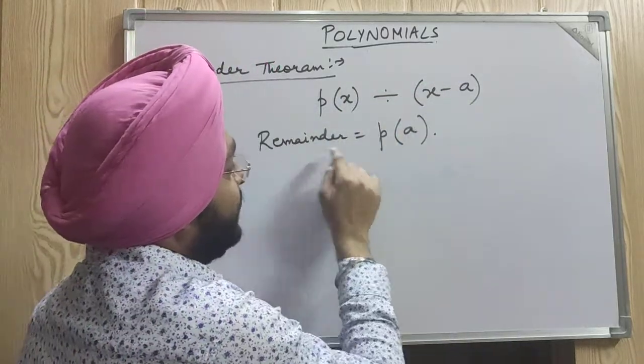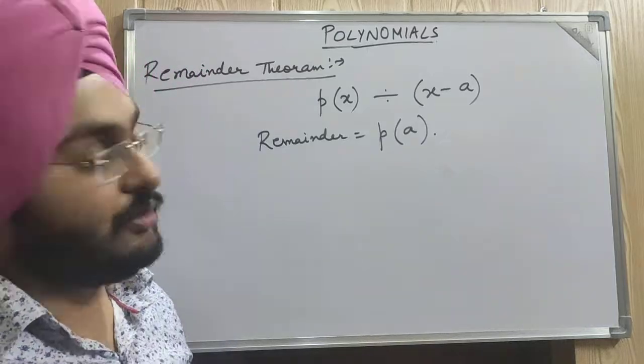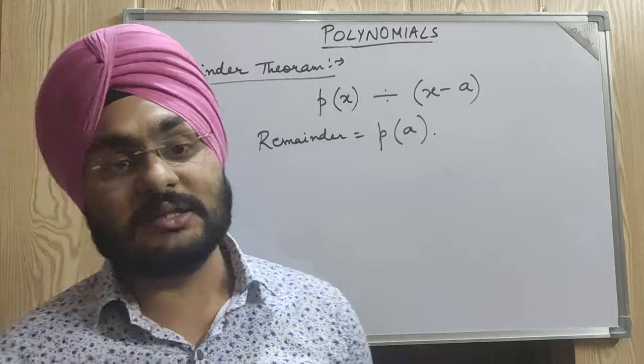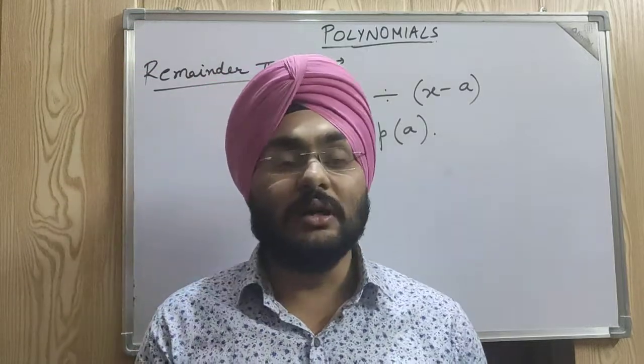On dividing p(x) by x minus a, the remainder which we get will be p(a). This will be clearer when we come to the questions regarding this, and we'll do those questions in the next video.